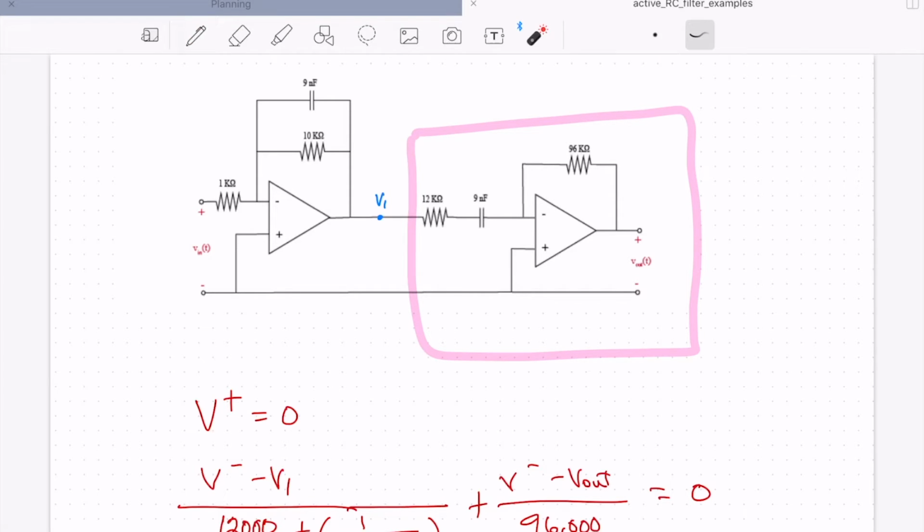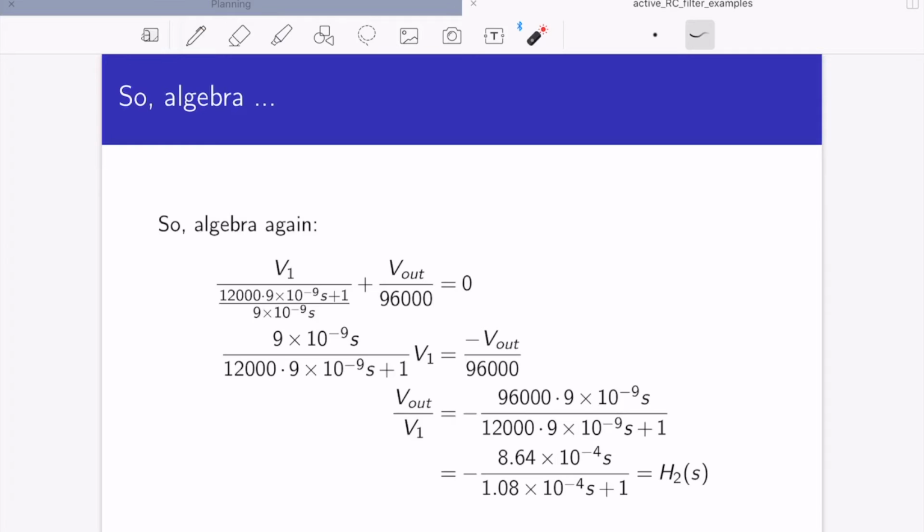So the first thing we're going to do is deal with this denominator here. To clear the denominator, we flip that bottom part of the fraction. We end up with 9 times 10 to the minus ninth times S times V1 plus over 12,000 times 9 times 10 to the minus ninth S plus 1.